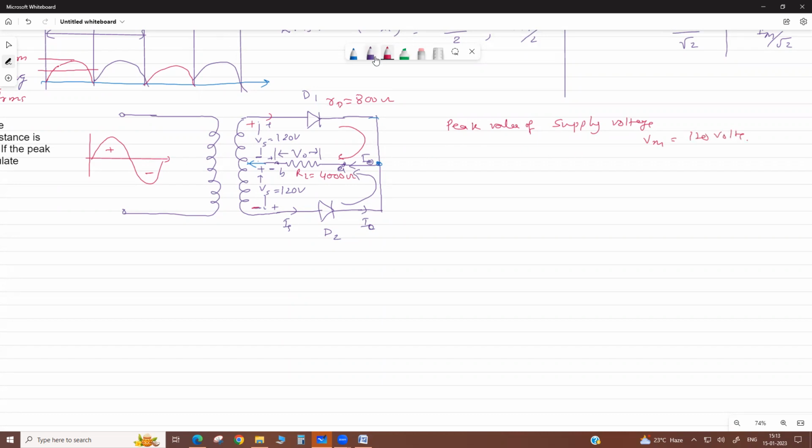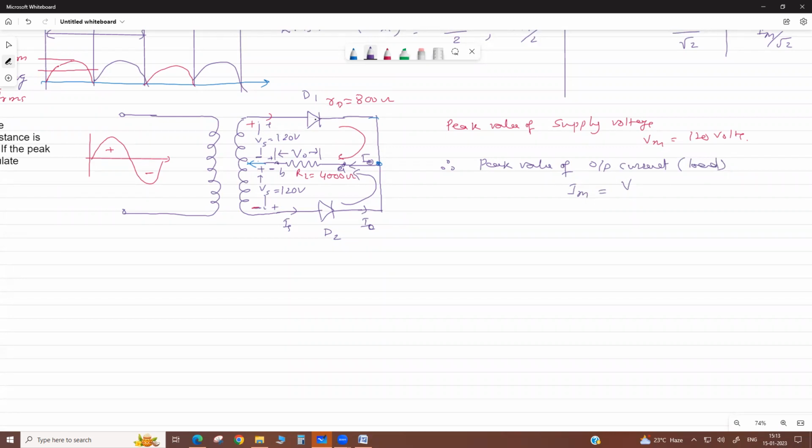Then we can calculate the peak value of output current. Output current means load current, which is flowing through the load. If you draw this circuit, what is the supply voltage here?